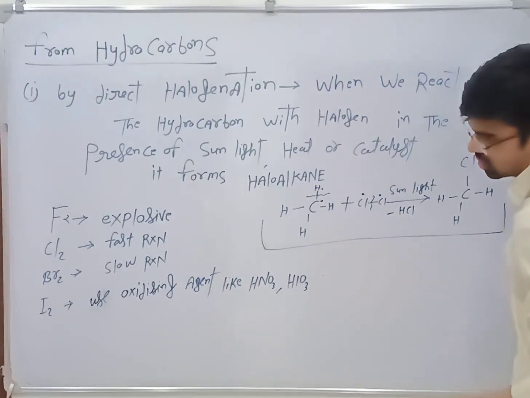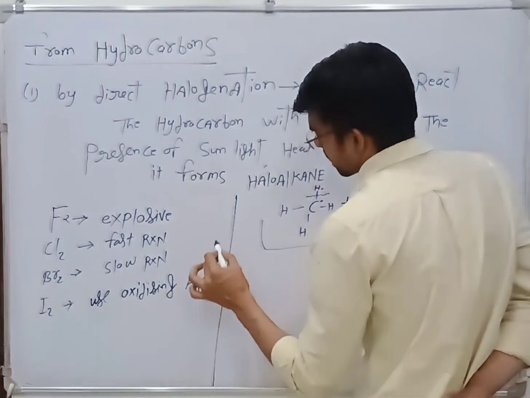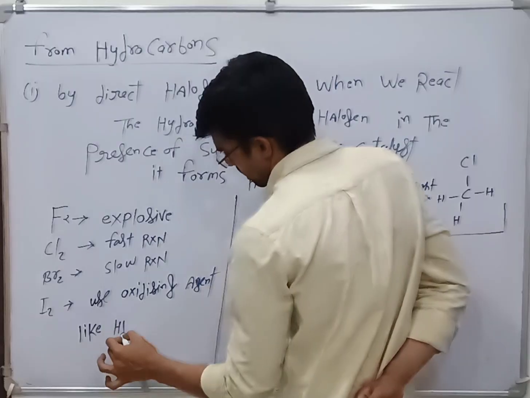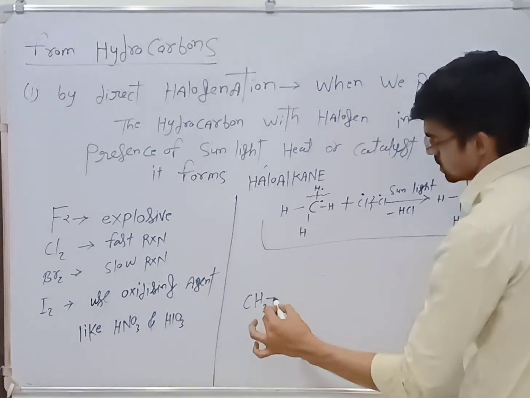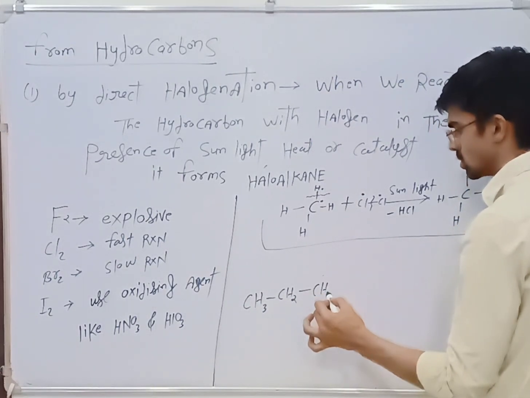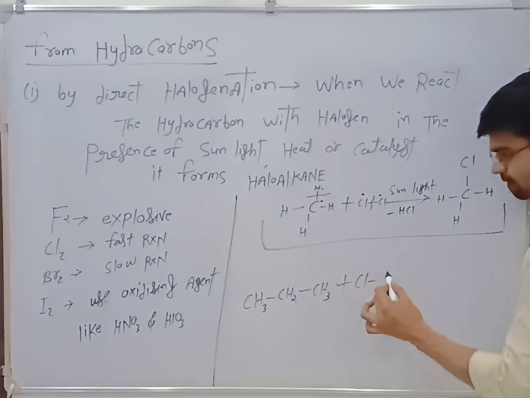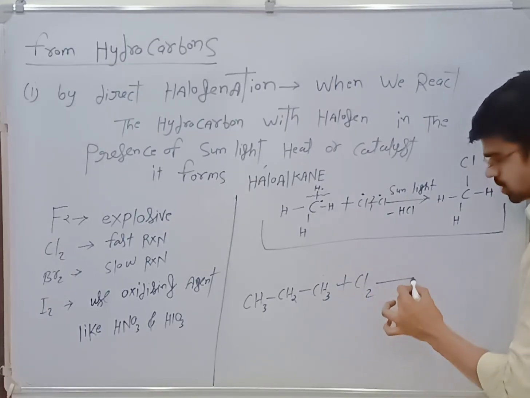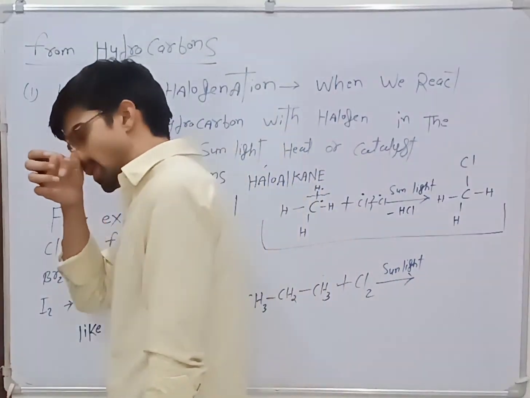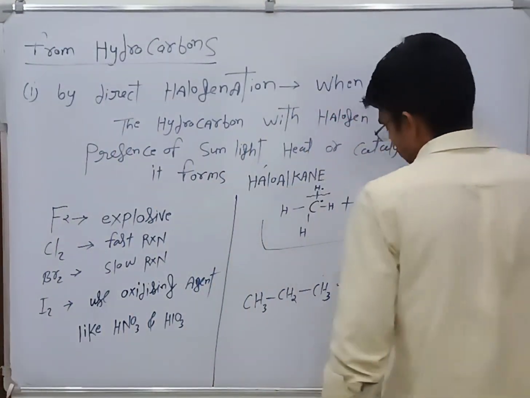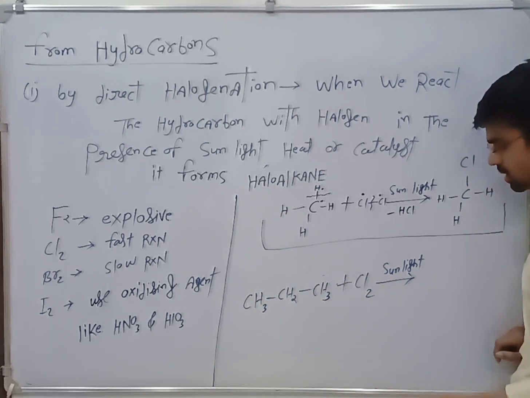Now, in case you have a compound CH3CH2CH3 and react it with Cl2 in the presence of sunlight, in this case you will get two products, because Cl can attach to any carbon irrespective of its position.